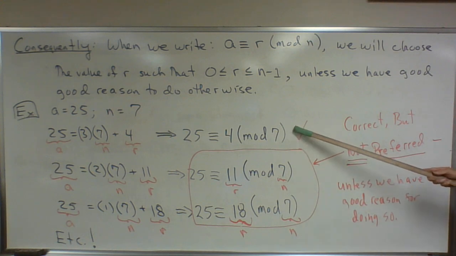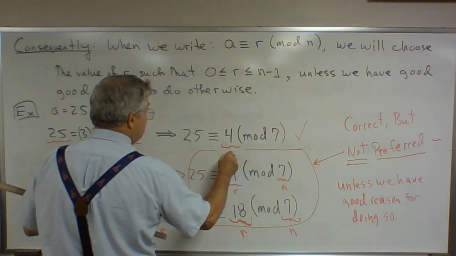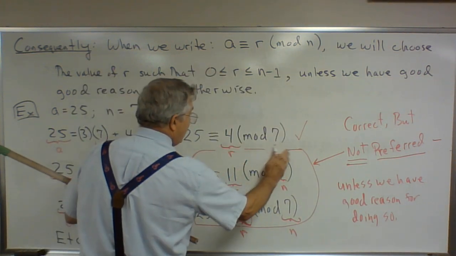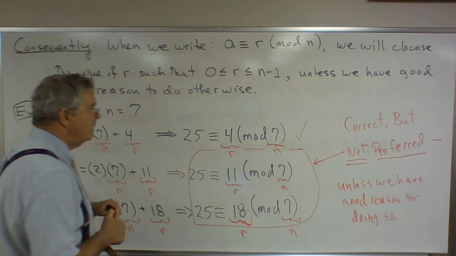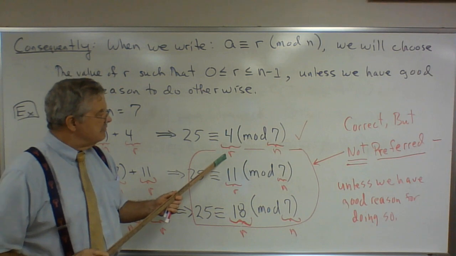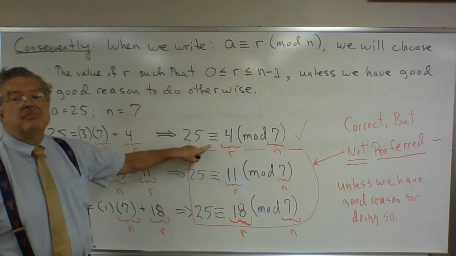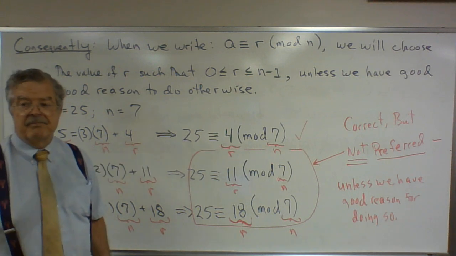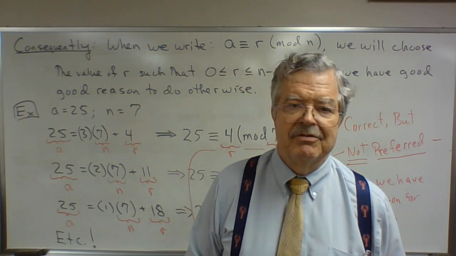Typically, we're going to write it this way because here's our remainder, and here's our divisor, and the remainder is strictly less than the divisor. So this is the preferred form, unless we have a really good reason.